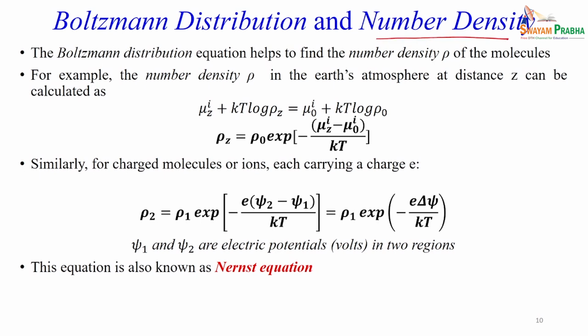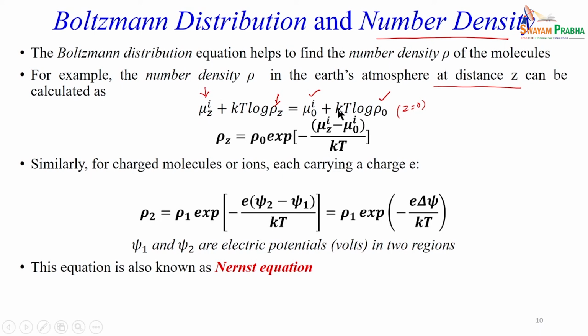So, we will just see how we can calculate the number density. Here in the Boltzmann distribution, let us say you have the number density which is changing with the distance z. This is the initial state, mu 0 plus k T log rho 0, at z equal to 0, and at a height z, the density is rho z and the pair potential or interaction energy is mu z.